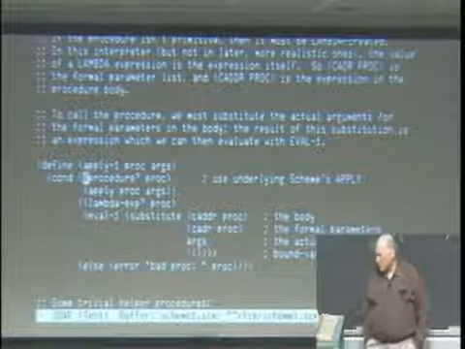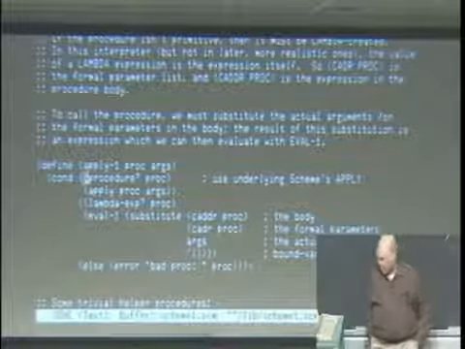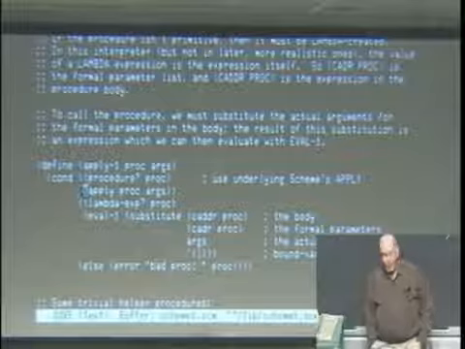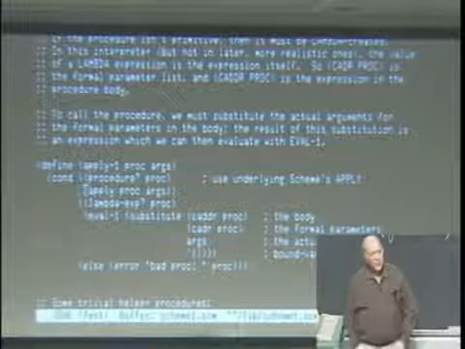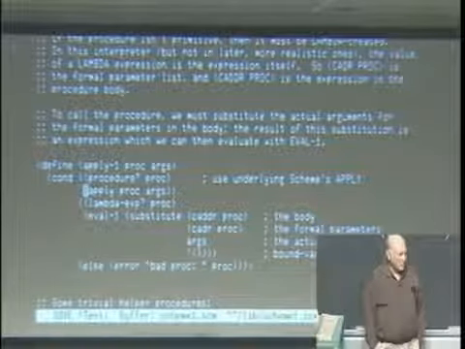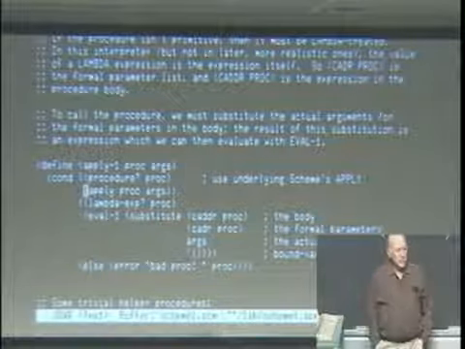So therefore, since our primitives are procedures of STK, to call them, we can just use STK's apply. And again, notice this is not a call to apply 1, which would be scheme 1's apply. It's a call to apply, plain old apply, which is STK's apply.